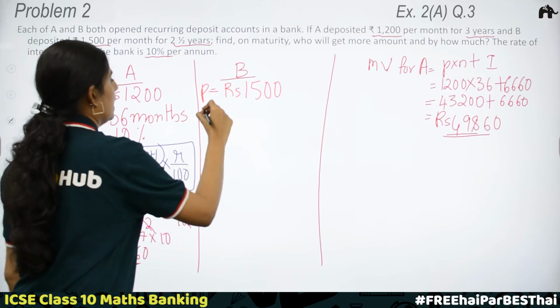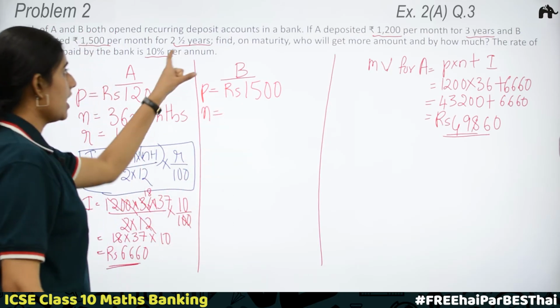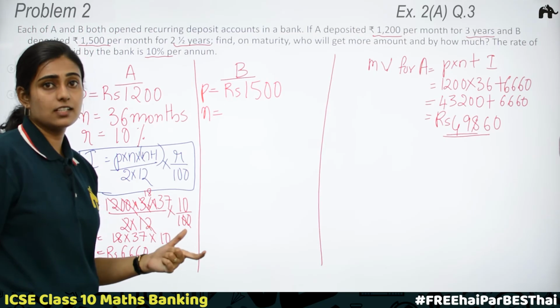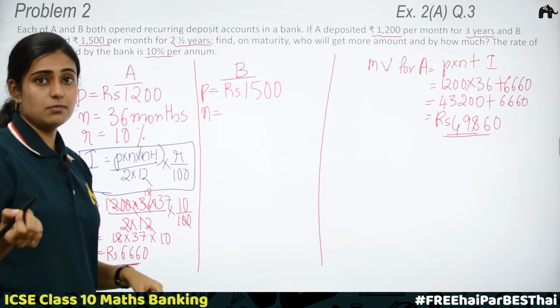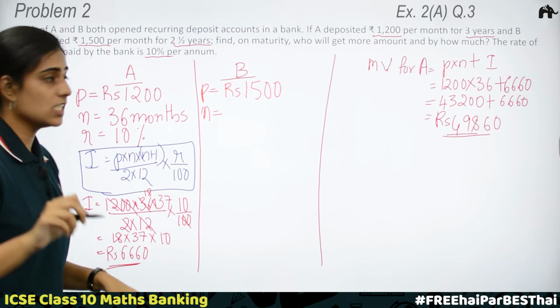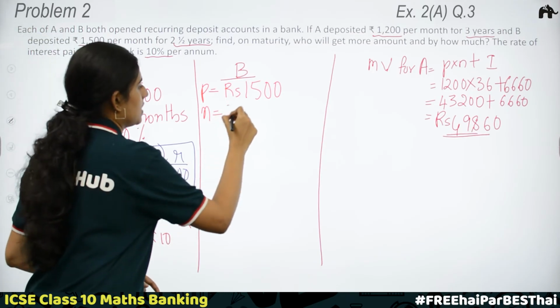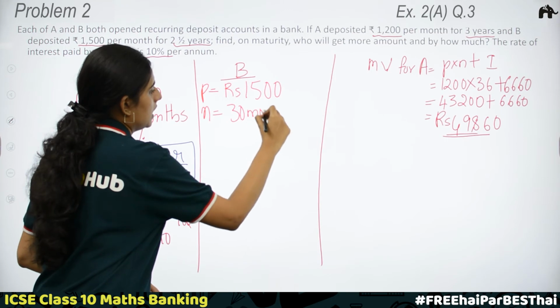Then N is equal to 2.5 years. 2.5 years means 2 years is equal to 24 months. Half year means again 6 months should be added. That is 30 months.